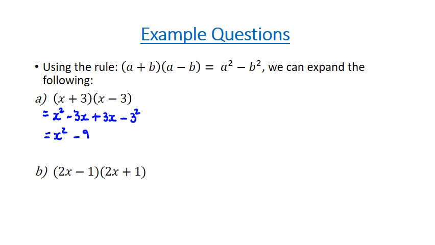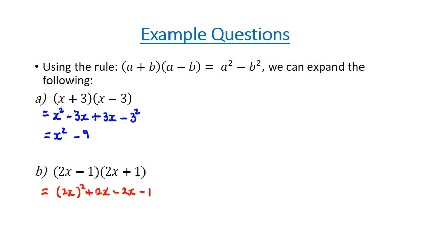If we're looking at our second example, we've got 2x all squared, because 2x times 2x is 2x all squared, plus 2x take 2x take 1.